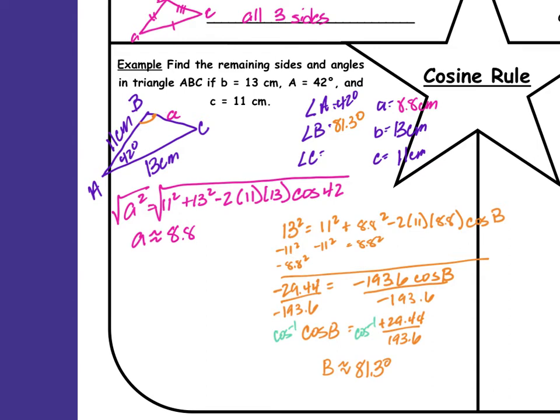And then how do I find angle C? Well, angle C, I take 180 minus 42 minus 81.3, and that equals 56.7.